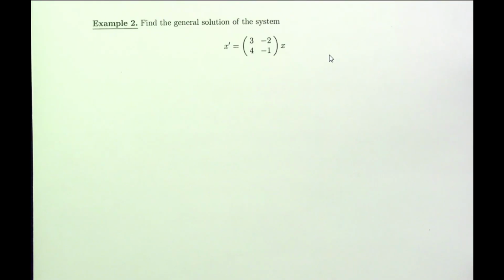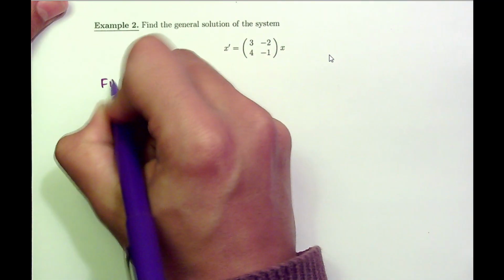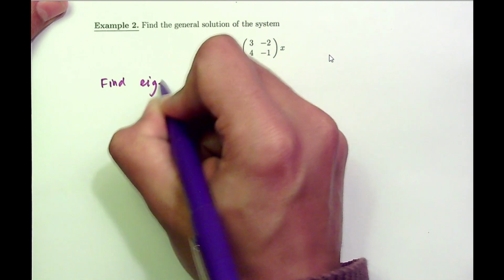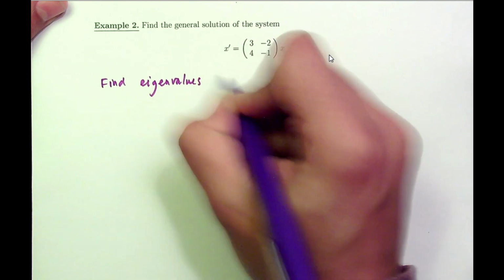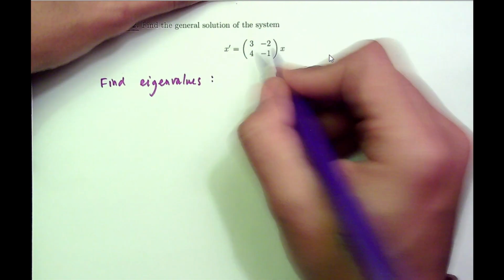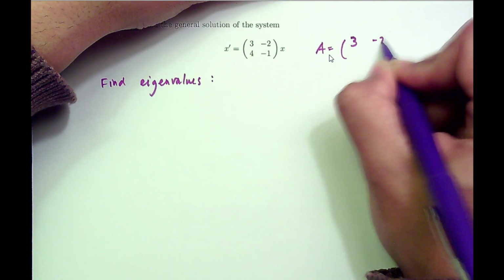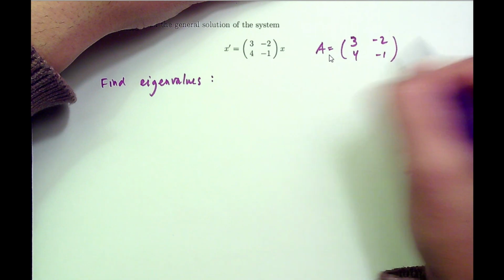Now let's do one final example, one more. Let's find the general solution of this system. Okay, so first of all, find the eigenvalues of this matrix. The matrix, I'm going to call it A. The matrix is (3, negative 2; 4, negative 1).